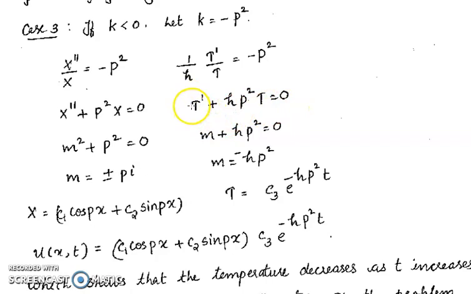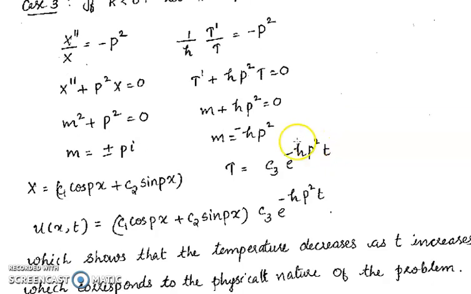Here T dash is derivative of capital T with respect to small t, and here we denote d by dt as capital D. Therefore, the auxiliary equation is m plus h p square equal to 0. That is m equal to minus h p square. Here we have only one root, and that is real. Therefore, capital T equal to C3 e raised to minus h p square t.